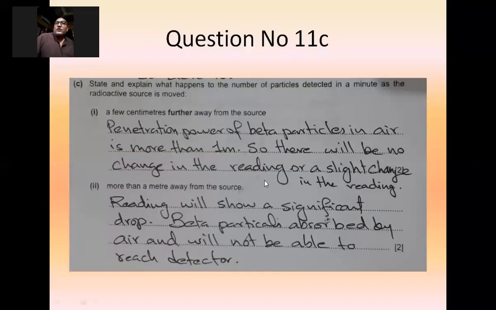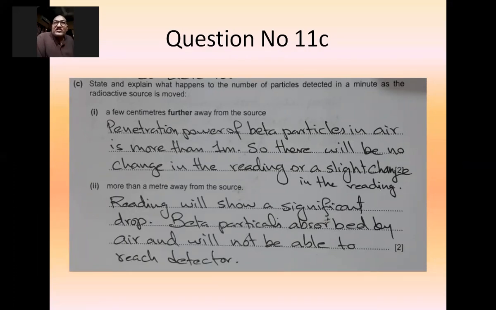So here we go. A few centimeters further away from the source, if you move the detector a few centimeters, the penetration power of the beta particles in air is more than 1 meter. So there will be no change in the reading, or a slight change in the reading if you move just a few centimeters. But if you move the source and detector more than 1 meter apart, then there will be a significant change in the reading on the GM tube.